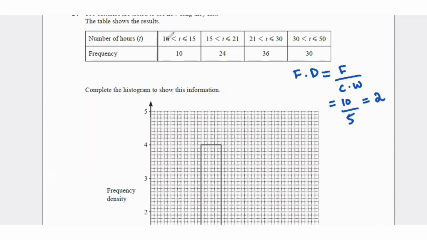Class width is basically the difference between the minimum and maximum value of the range. Then for the third one, frequency is 36 and class width is 9, so that's going to be 4. And for the last one, 30 is the frequency and your class width is 10, so that's going to be 3. So 2, 4, and 3.